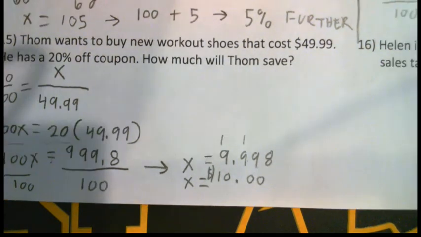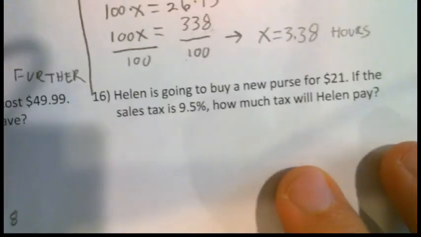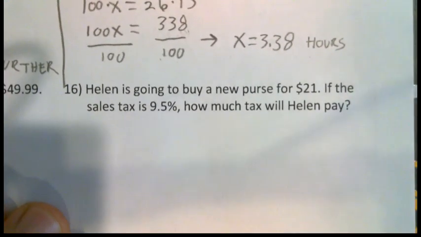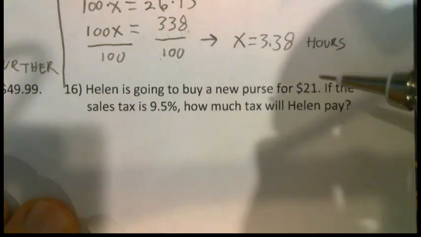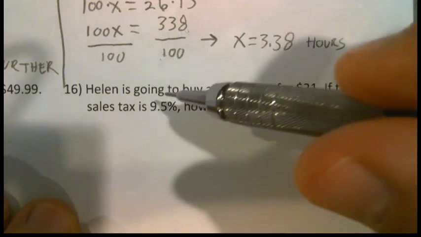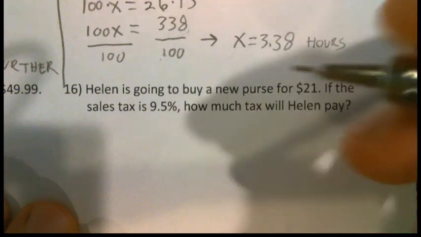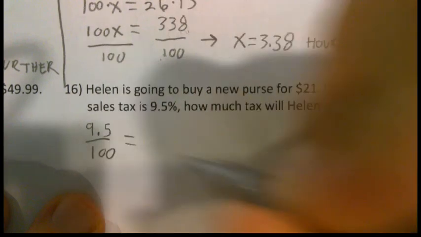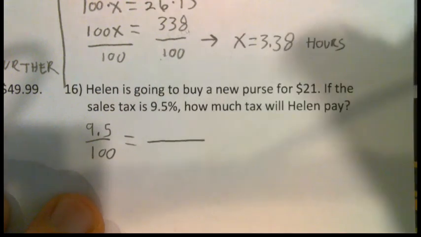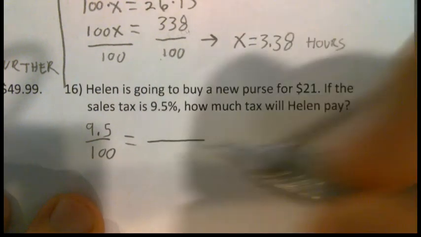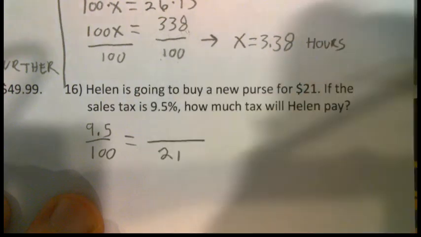All right, finally number 16, the last one. Helen is going to buy a new purse for $21. If the sales tax is 9.5%, how much tax will Helen pay? 9.5 over 100. What's the original price of the purse? $21. That's our denominator.